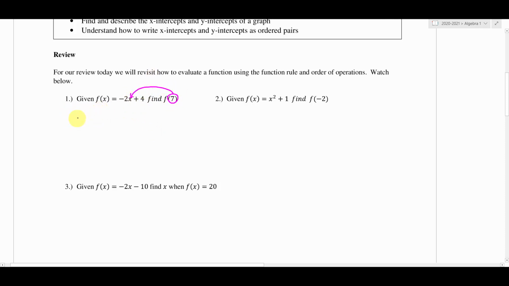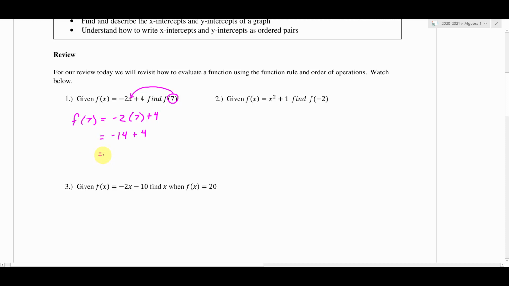If they give me an input, I go into my rule and wherever x was, I replace that with a 7. Then I use my order of operations to evaluate the function. So I start with multiplication. I'm going to do negative 2 times 7 first. That's a negative 14. And then I still have that plus 4 on the end.